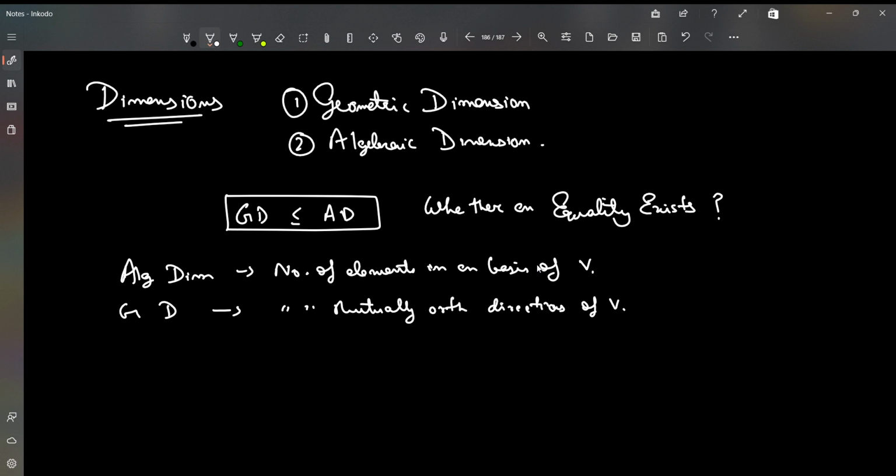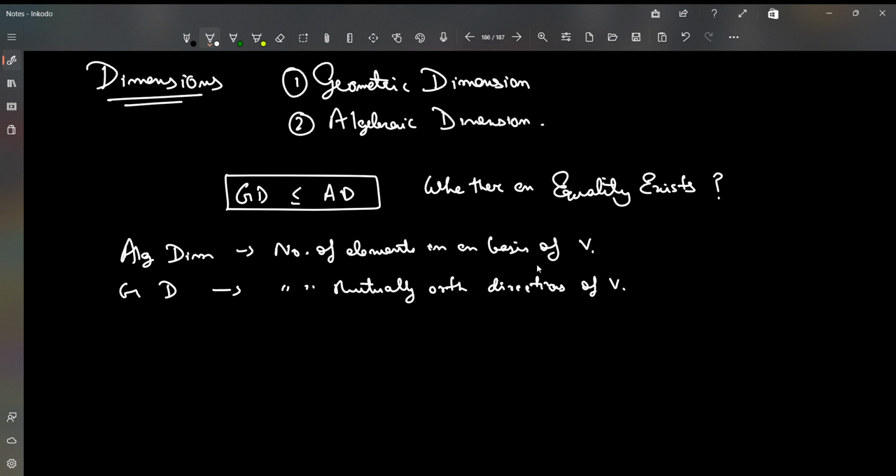So for equality to exist, the only thing we need to show is that there exist as many mutually orthogonal vectors or directions in an inner product space V as there are elements in a basis. Or in other words, that there exists an orthogonal basis in any finite dimensional inner product space.